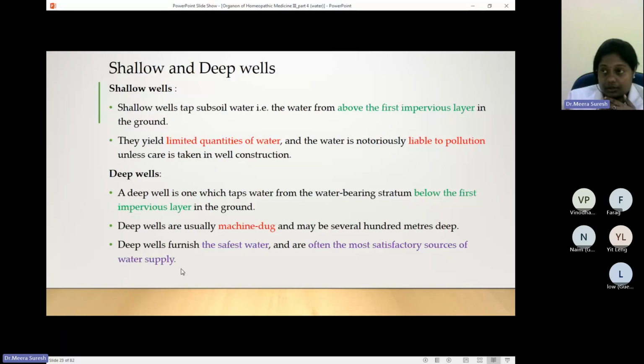From what we learn, though rainwater is the purest, it is not easy to rely on rainwater for everything, in every season. So the best thing for human usage will be the groundwater, and among the groundwater, the deep well is the most satisfactory source of water supply.